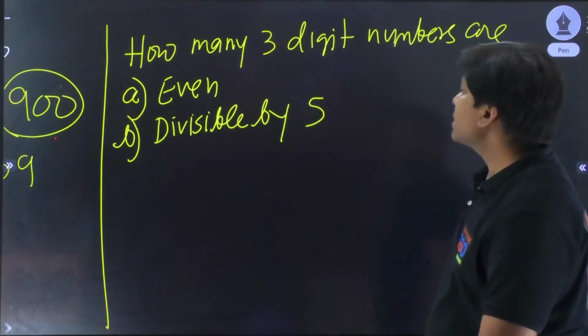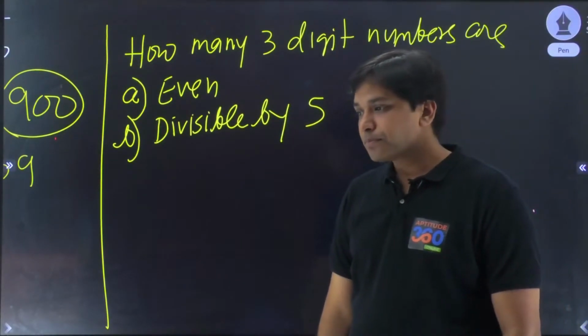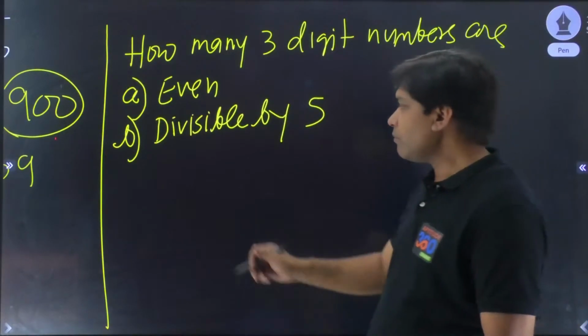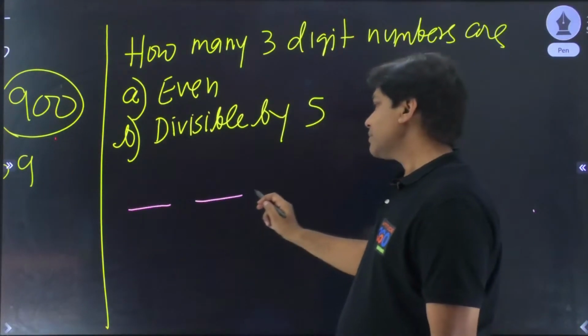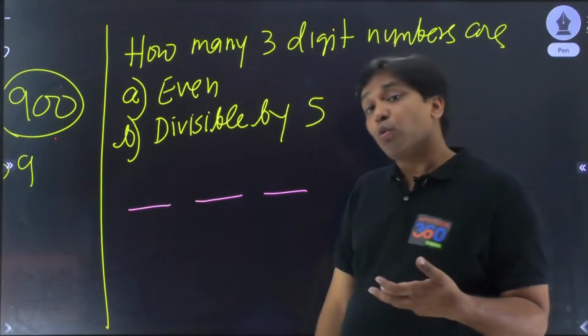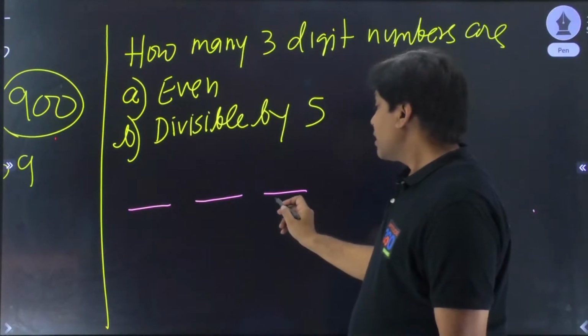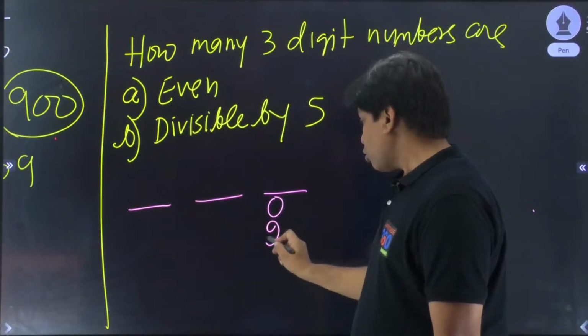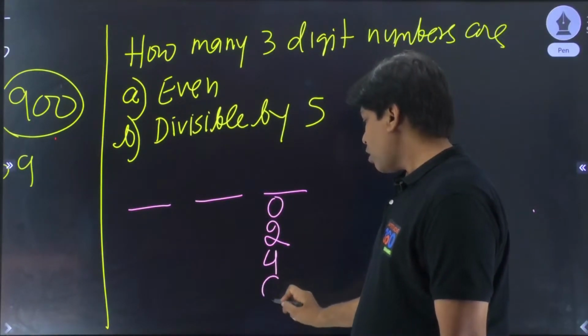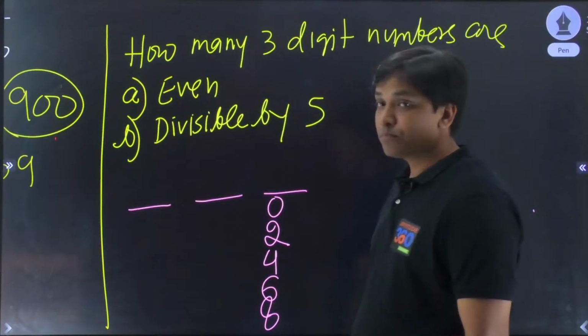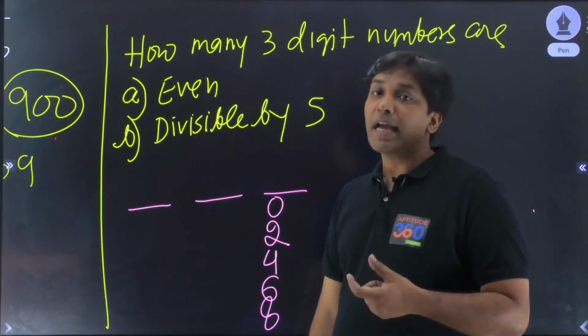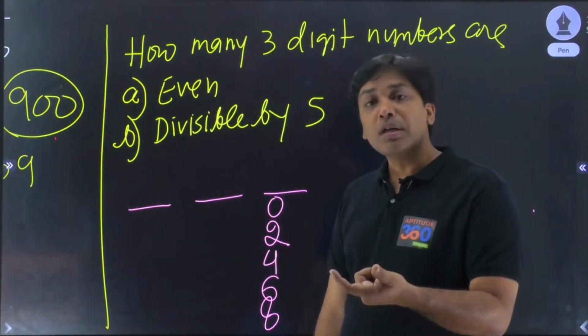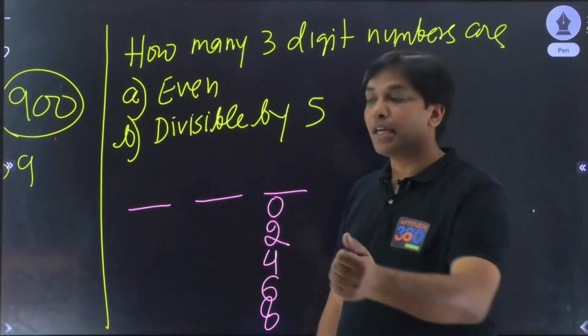How many 3-digit numbers are even? It is something like this. If it has to be even, this can have either 0 or 2 or 4 or 6 or 8, isn't it? Brother, how will any 3-digit number be even? When its digit at unit place is even.